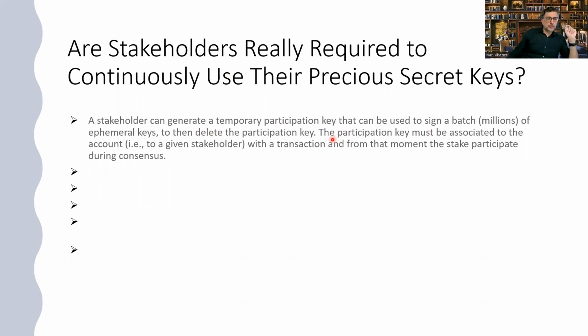Of course, before deleting it, you have to associate this participation key to your account, so that everyone in the world will recognize that your participation in the consensus is legitimate because you have stake. But this participation key cannot be used to spend your money. So that's why on my smartphone I can have this process running all the time, because it's a key that cannot spend my money. Nobody can take my money. It's just participation in the consensus.